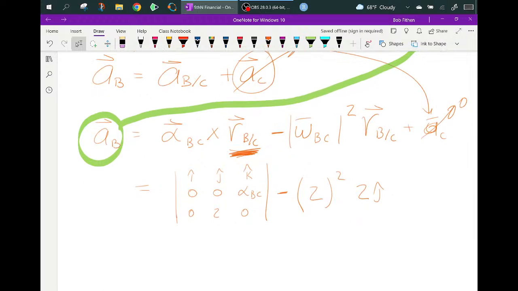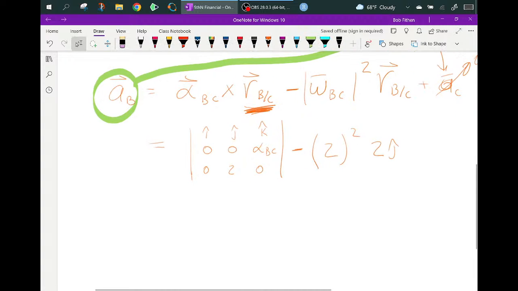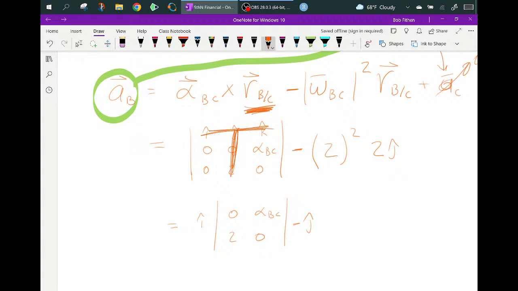So it turns out the I component is the only thing that will admit. If I do a cofactor expansion, eliminating this one and this one, I only get the 0, alpha BC, 2, and 0. If I do a minus J, I'm eliminating this and this one, and that will give me 0, 0, alpha BC, and 0, which in fact is 0.